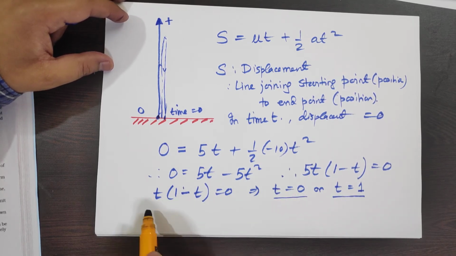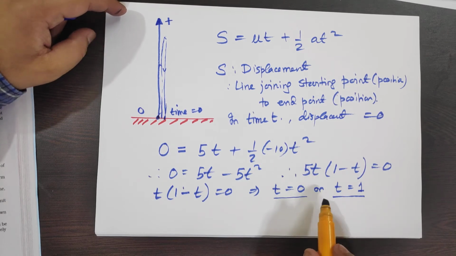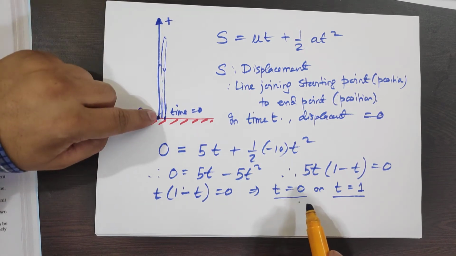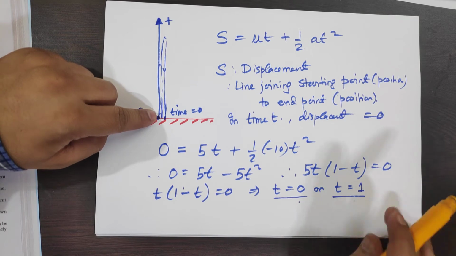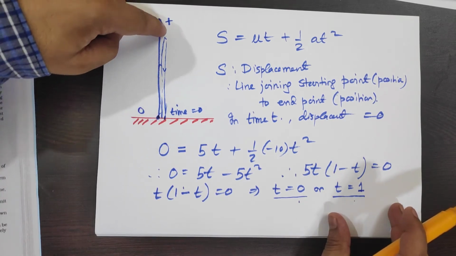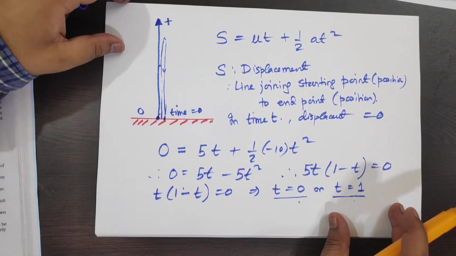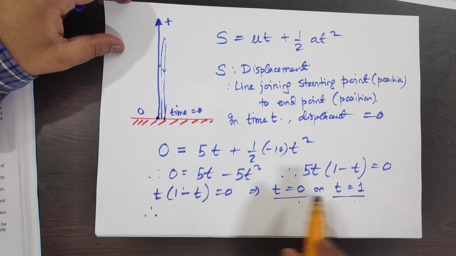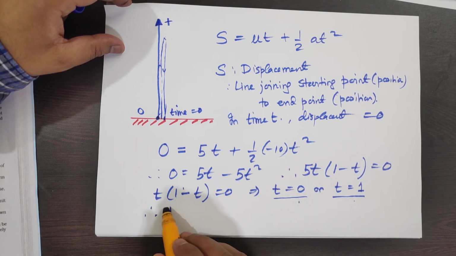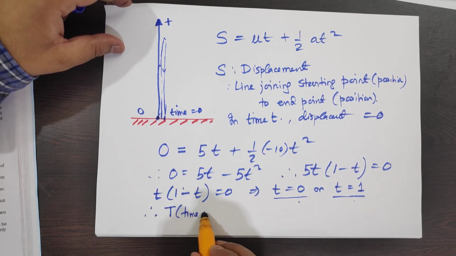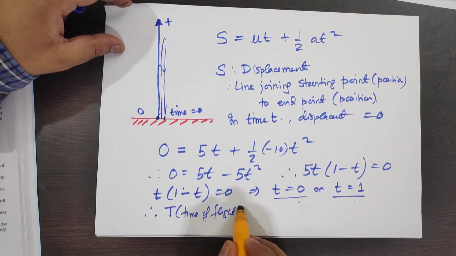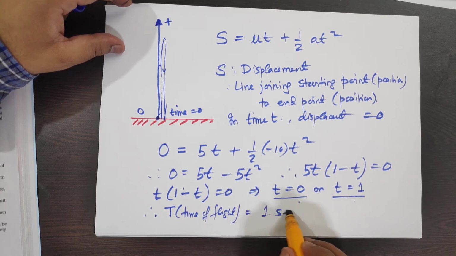So the displacement is 0 at two values of time, 0 obviously when it was thrown, and after 1 second, so in 1 second it comes back to the starting point. So therefore from here we can say that time of flight is equal to 1 second.